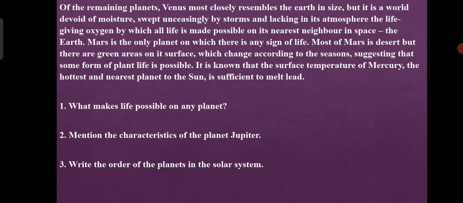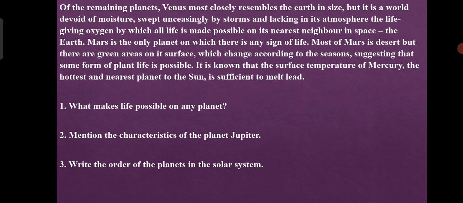Of the remaining planets, Venus most closely resembles the Earth in size, but it is a world devoid of moisture, swept unceasingly by storms and lacking in its atmosphere the life-giving oxygen by which all life is made possible on its nearest neighbor in space, that is the Earth. Mars is the only planet on which there is any sign of life.